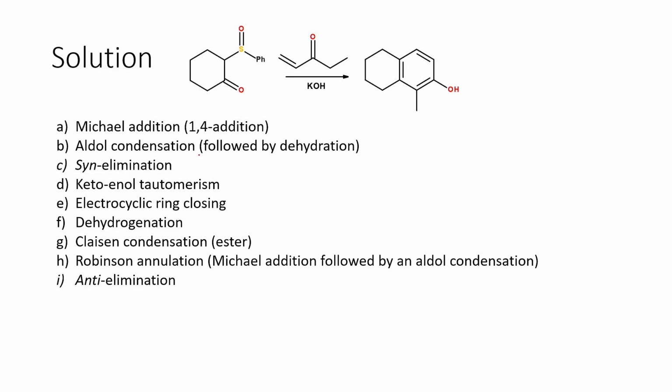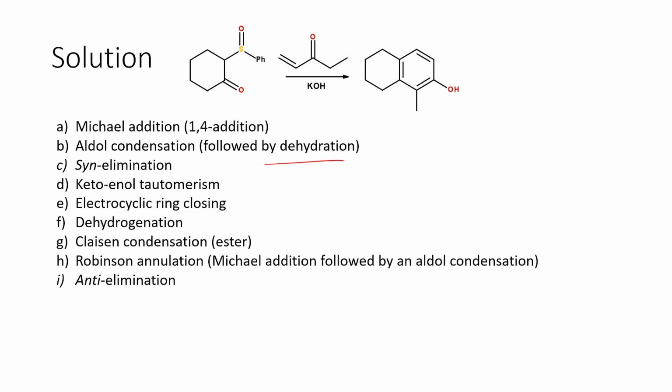Aldol condensation, if carried out in the presence of a base, will be followed by dehydration. Dehydration means we are producing an alkene. A double bond will be produced in that particular reaction. So in other words, our final product has a double bond.